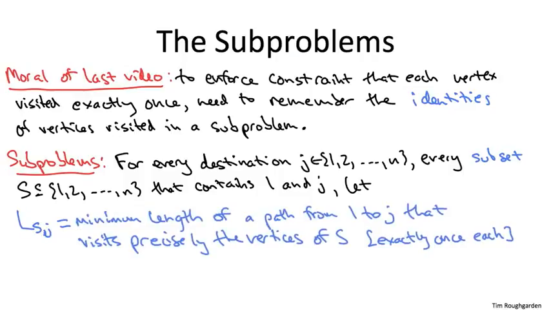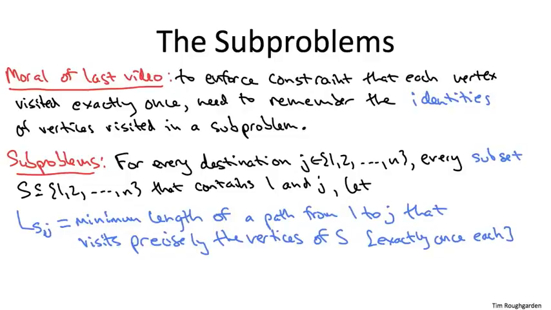Now I can understand if your eyes widen a little bit when you see this definition. After all, there's an awful lot of choices for this set capital S, an exponential number. So you'd be right to wonder whether this approach could possibly give any savings whatsoever over naive brute force search. One thing worth pointing out, and in some sense the source of the computational savings, is that in a given subproblem, while it's true we're keeping track of which vertices are visited en route from 1 to J, we are not keeping track of the order in which those vertices get visited.